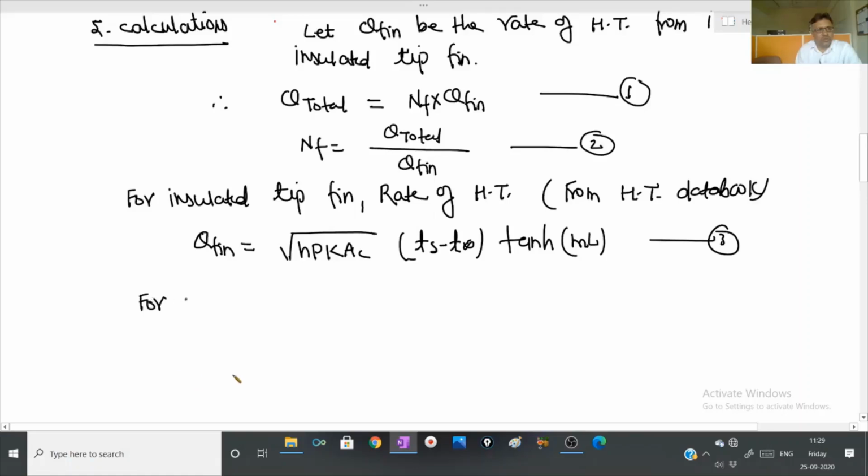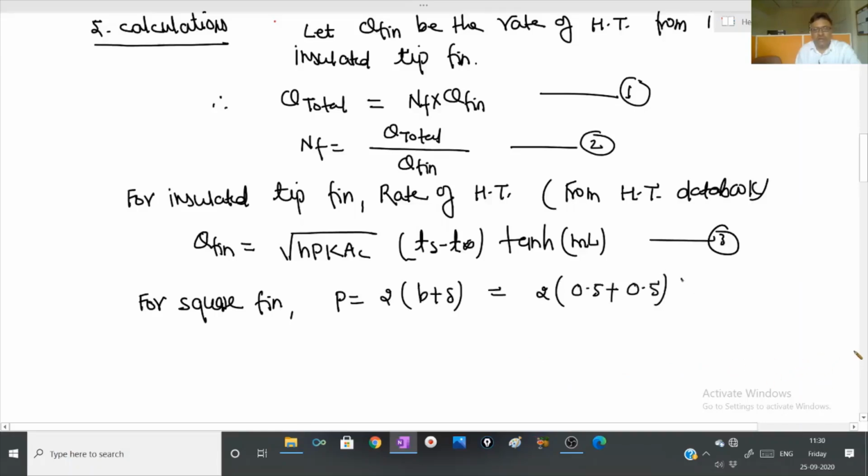So for square fin, perimeter P will be twice into b plus delta, twice into 0.5 plus 0.5 mm. So the perimeter will be 2 mm.